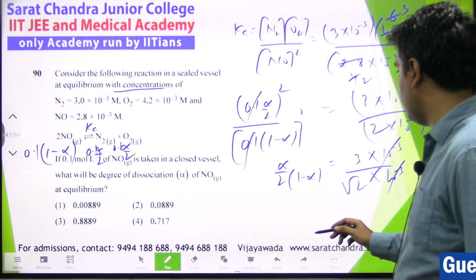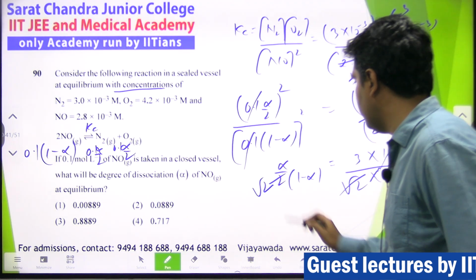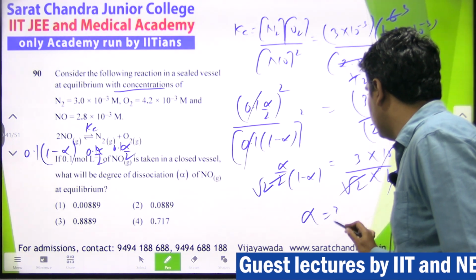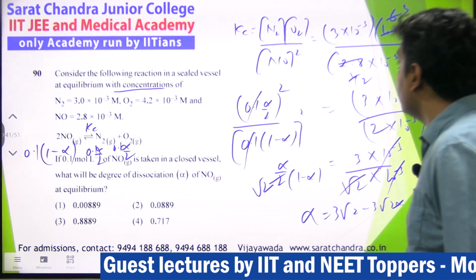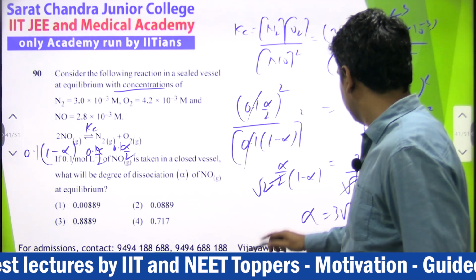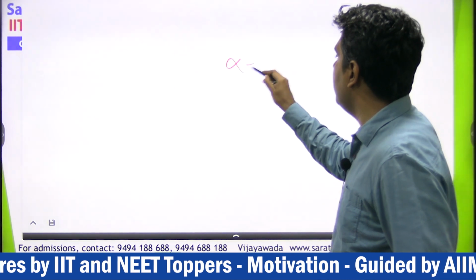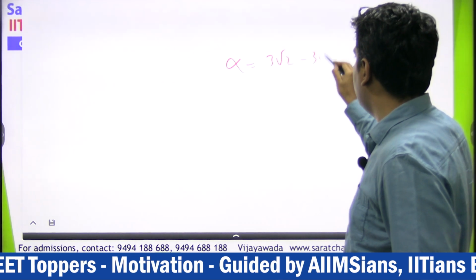If I take alpha over here, so root 2 will be remaining. So alpha is equal to 3 root 2 minus 3 root 2 alpha. So from here we can find out alpha.